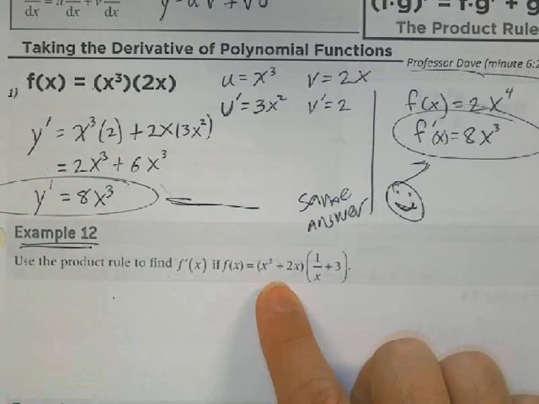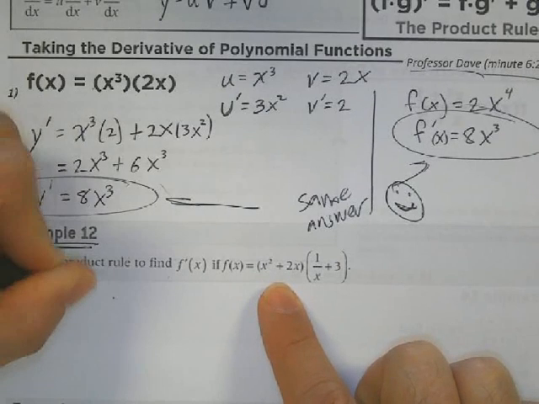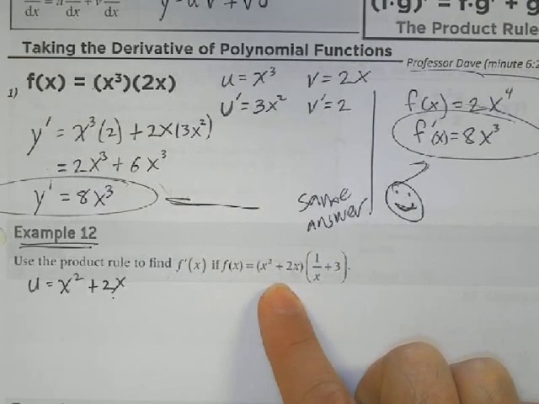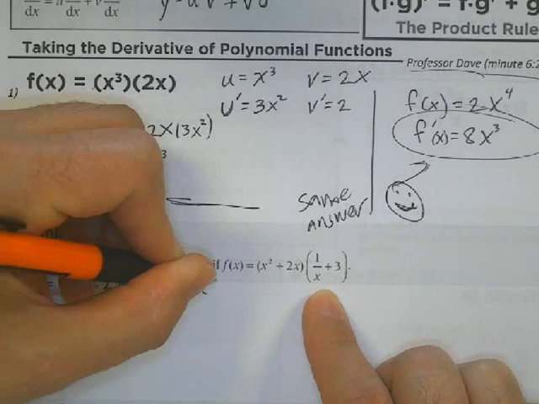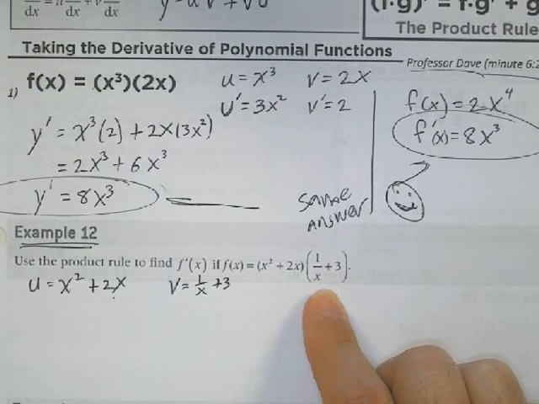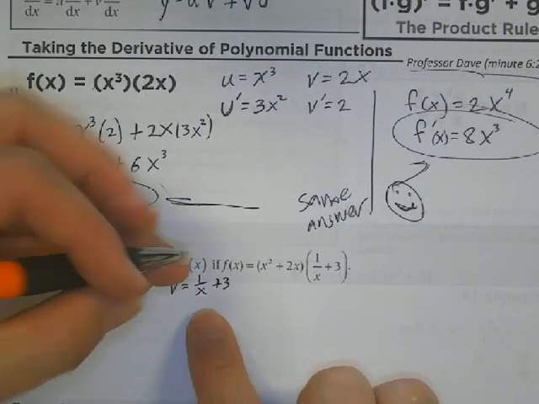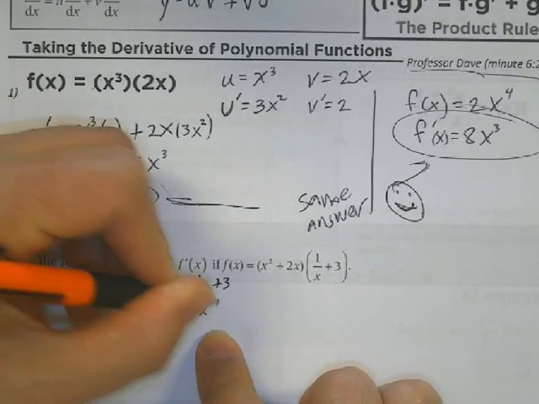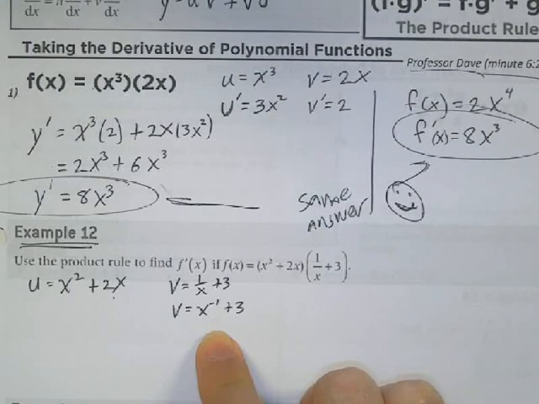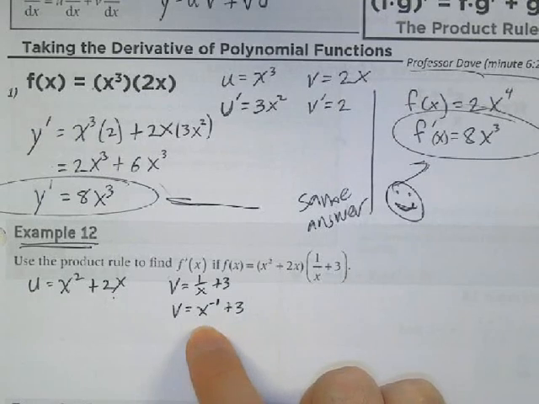So I can say that u equals x squared plus 2x, and I'm going to say that v equals 1 over x plus 3. So I'm going to rewrite this because I don't like seeing the x in the denominator like that. So I'm just going to say v is equal to x to the negative 1 plus 3. Okay, so that I don't have to have that fraction denominator thing going on.